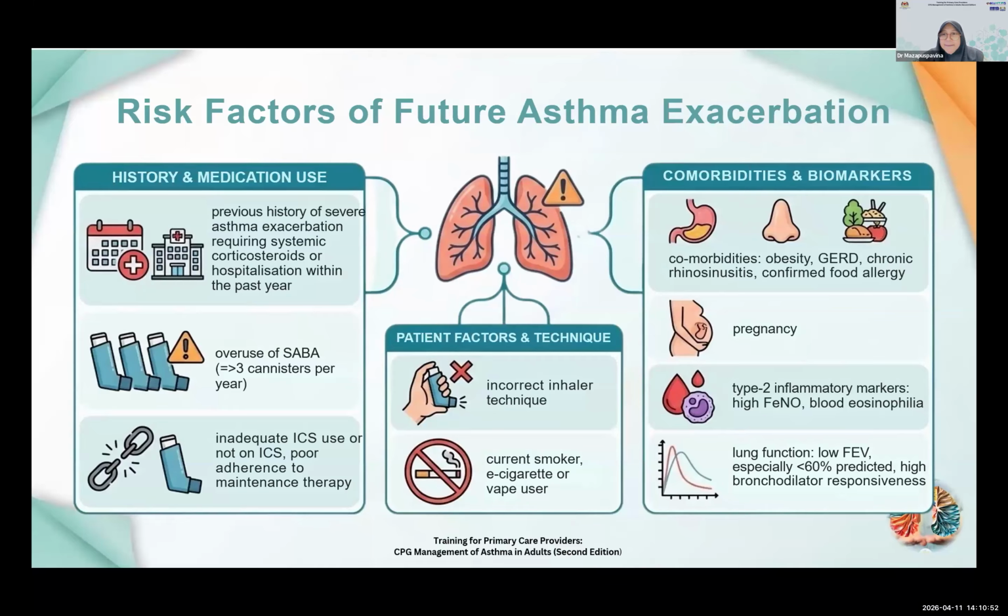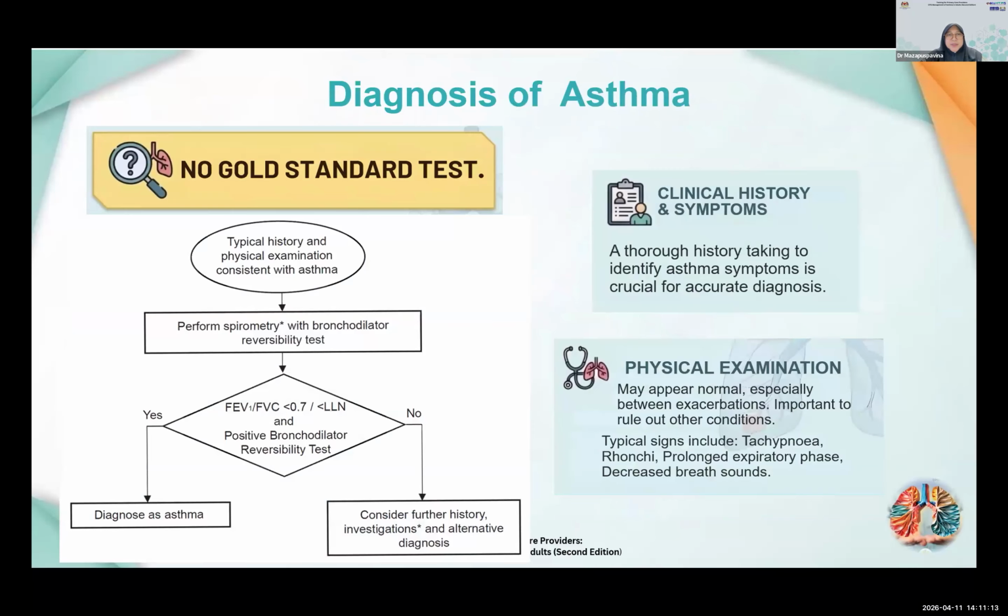Okay, and then lung function. To start off with, if the patient did a spirometry, those with low FEV at baseline, especially less than 60% predicted, and also those with high bronchodilator responsiveness. Okay, so that is the risk factor for future asthma exacerbation.